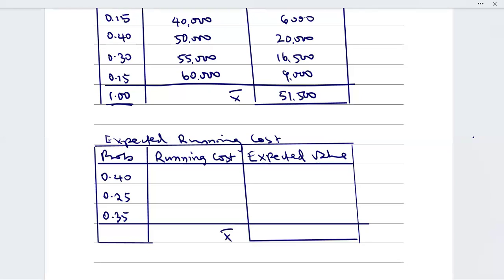Okay. So the running costs for the first probability: 25,000, 30,000, 35,000. So to get the expected running costs, I need to multiply 0.4 by 25,000.